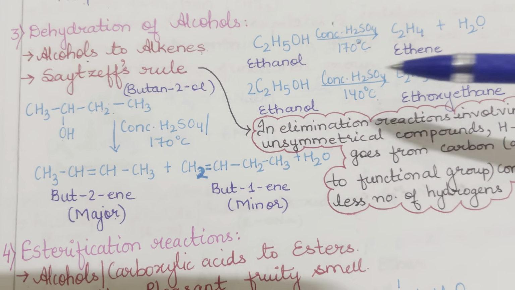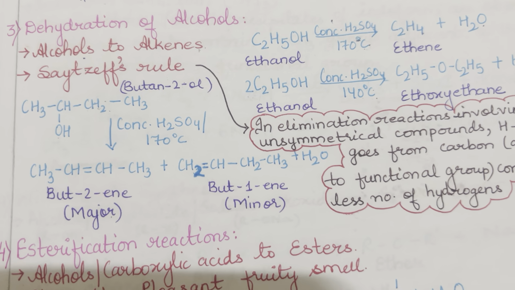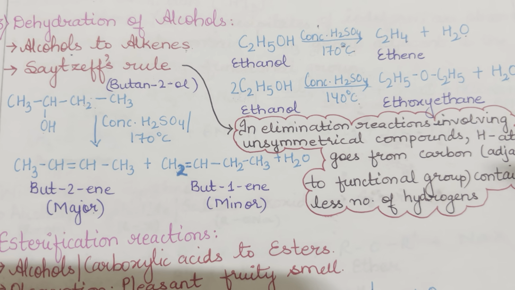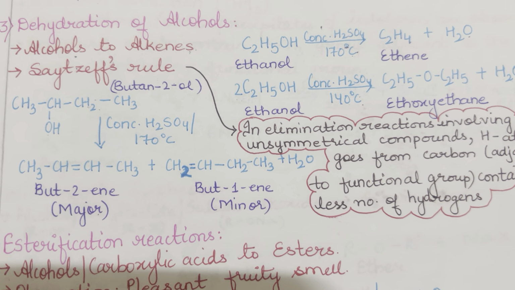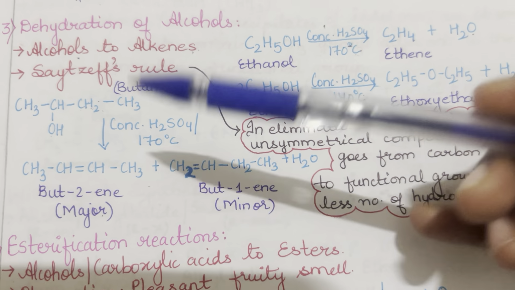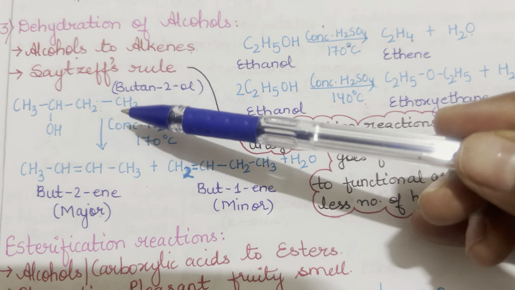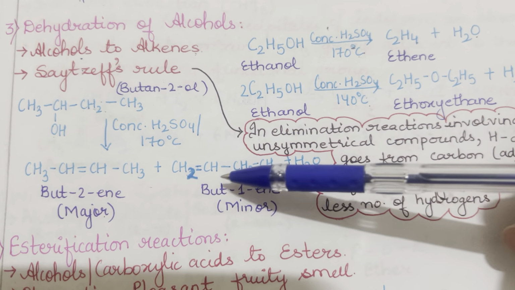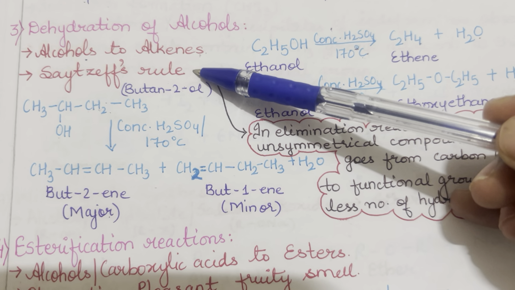Now, this is the name. There will be a detailed video of nomenclature also, so you can just go through that and you can know how we name the compounds. Now, in this case, there is an unsymmetrical alcohol we have taken, and the reaction proceeds with the help of the Saytzeff rule.